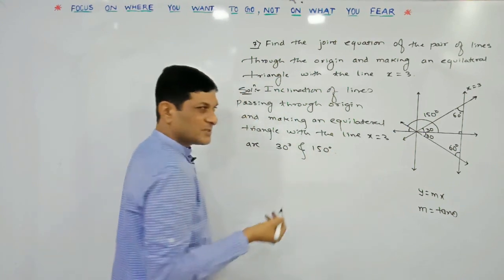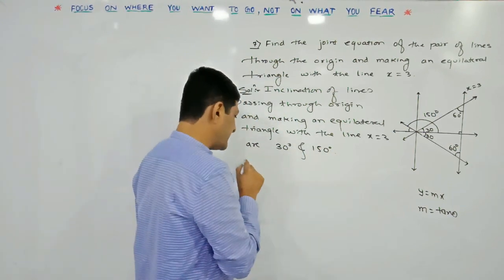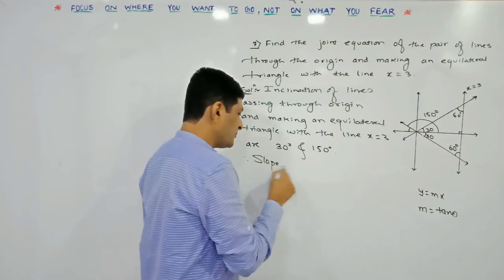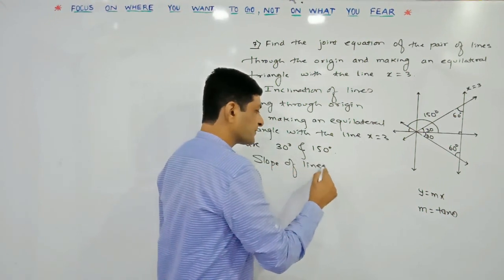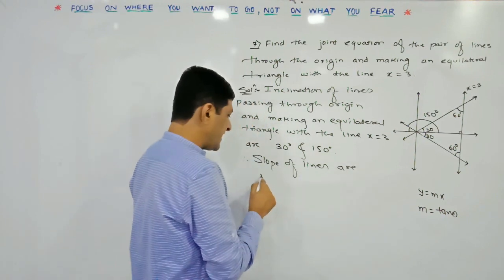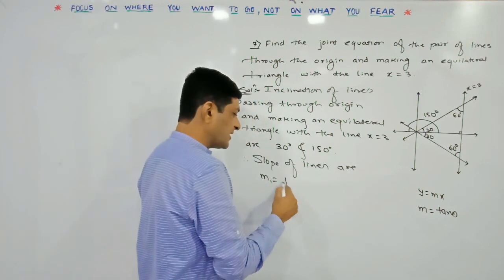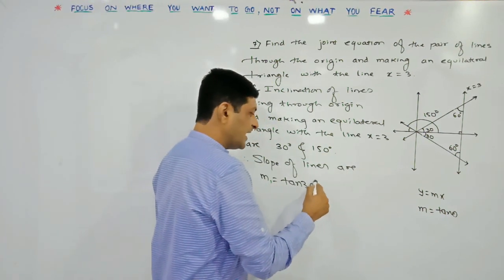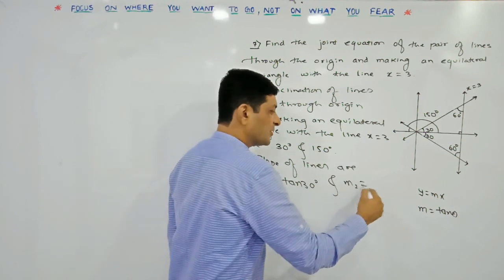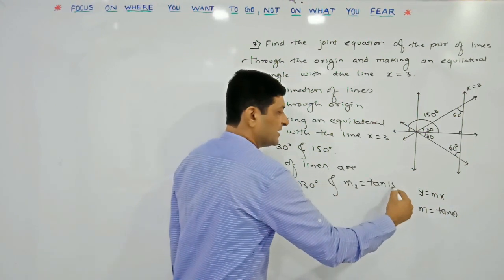Once these inclinations are known to us, find the slope of the lines. So the slopes of the lines are: the first slope m1 is equal to tan 30 and m2 is equal to tan 150 degrees.